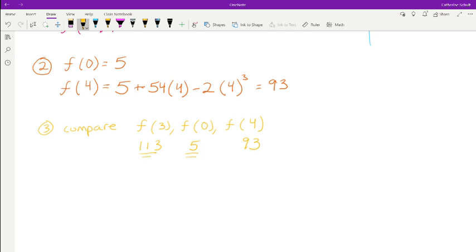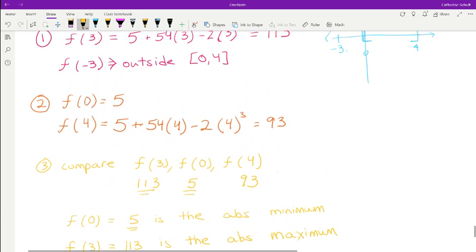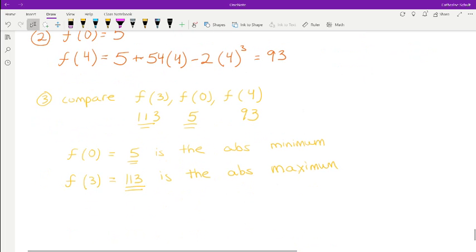So we can conclude that f of 0 is 5, so 5 is the absolute minimum, and f of 3 is 113, is the absolute maximum. Okay, so there you go. All right, and that's how we can find the absolute maximum and minimum using this closed interval process.